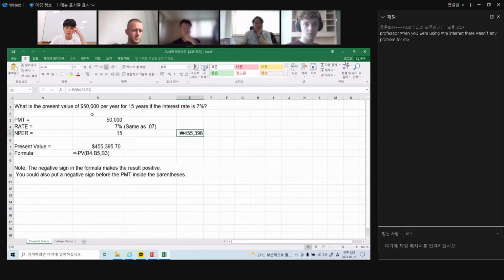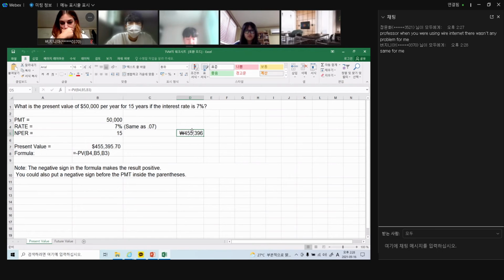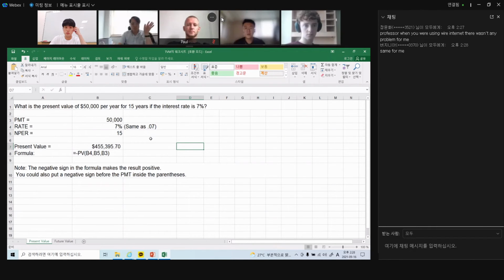So what's the present value of $50,000 per year for 15 years if the interest rate is 7%? When we use the function key to calculate the present value, it is the same thing as before, but the only difference between the previous one and this one is we can use the information of payment now, not future value.